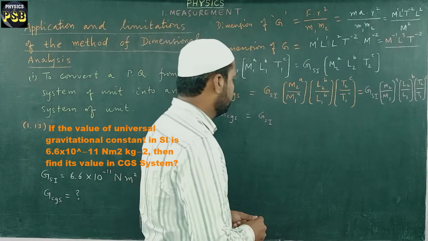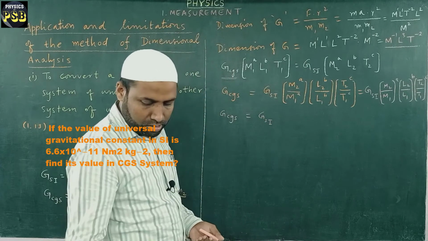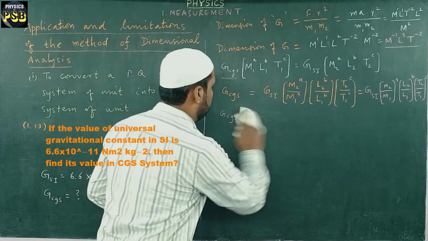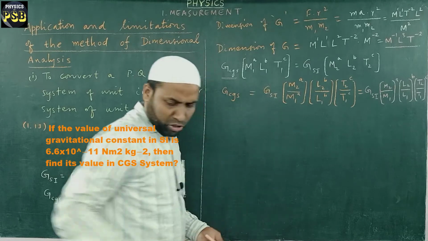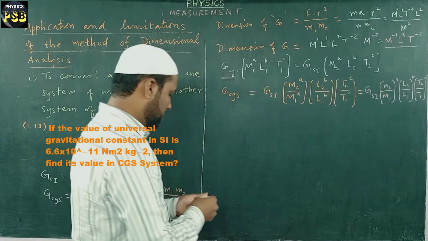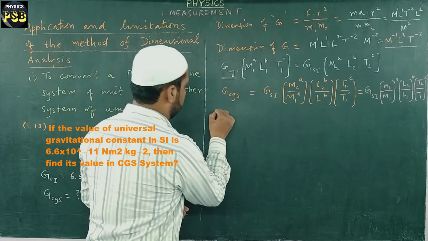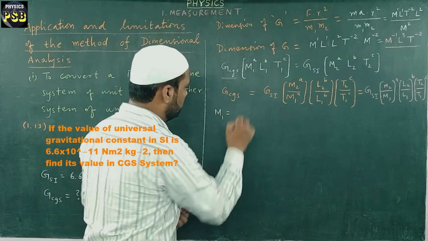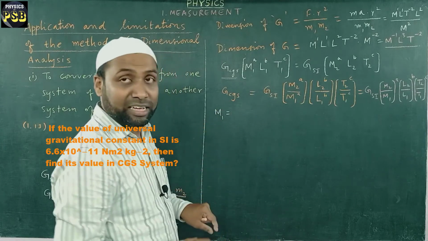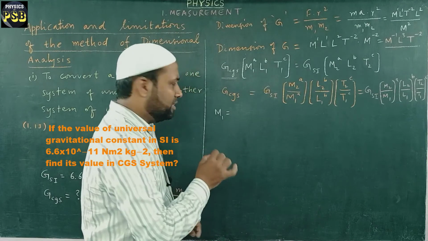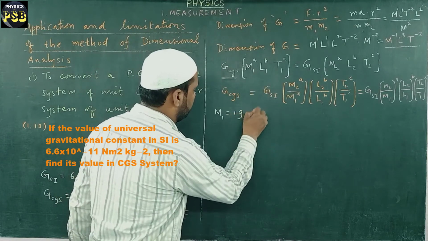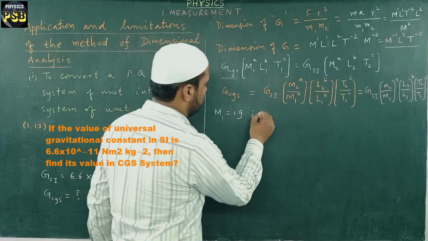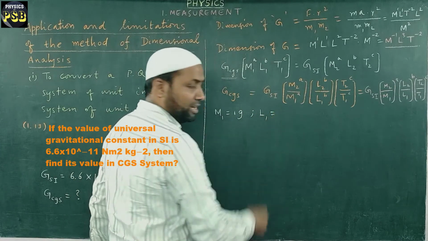Now, for going to the next step, let me mention the value of M1. M1 here is the mass in the CGS system. In the CGS system, mass is measured in gram. L1 is length in the CGS system.